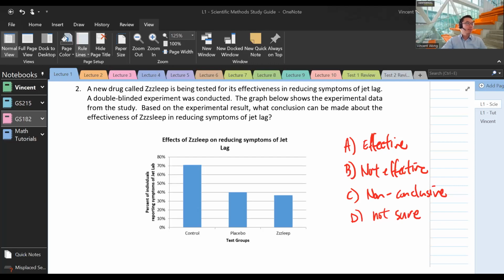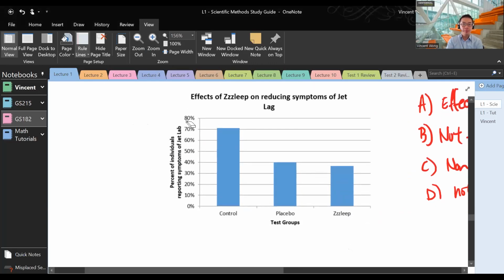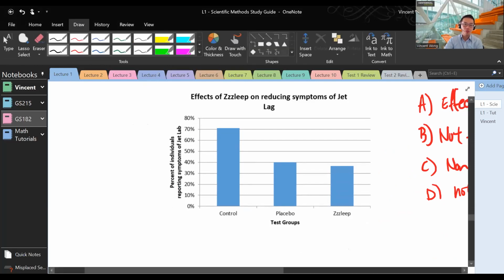Okay, let's see. So in the control group, we have 70% of the people who are reporting symptoms of jet lag. Oh, I just found out there's a spelling mistake here, jet lag. Okay, so if you're not taking anything, then 70% of the people reported jet lag.